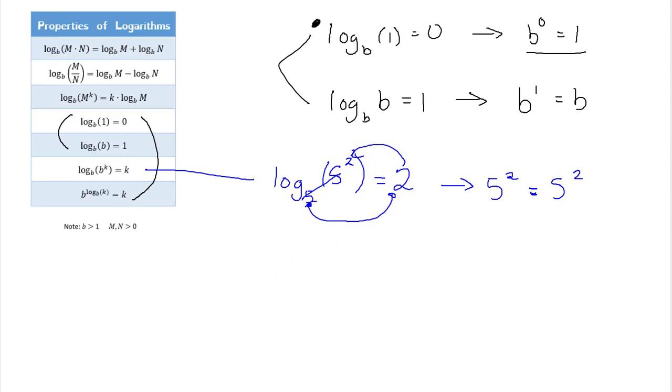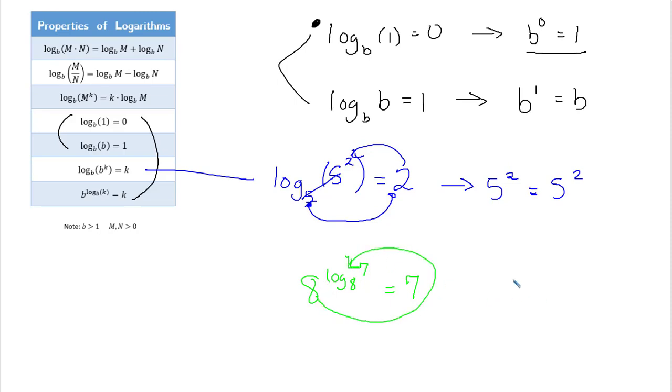Let's do the same thing for this next one. Let's look at how it would be if I converted b to the log base b. Again, let's put numbers in this. Let's use 8 to the log base 8 of 7, and that's going to equal 7. So let's convert it. We're in exponential, so I need to go to logarithmic to convert it.